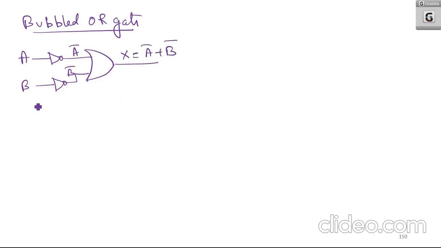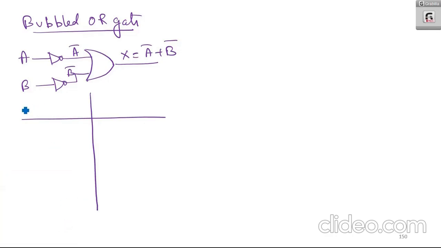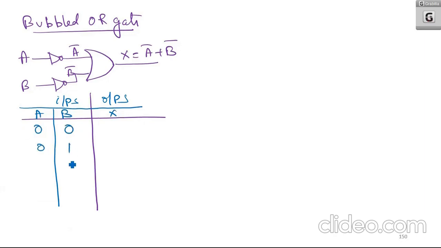Okay. Now if I am drawing the truth table of this bubbled OR gate, it will be like this. You are having inputs and outputs. Inputs are A and B, and output is X. So you are having 0 0, 0 1, 1 0 and 1 1.